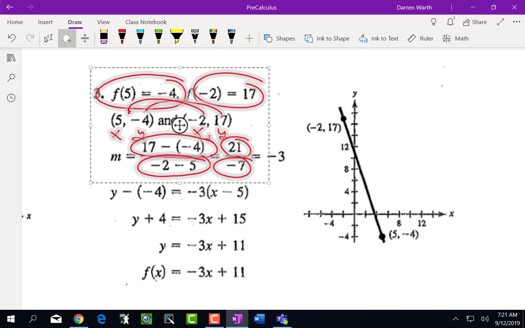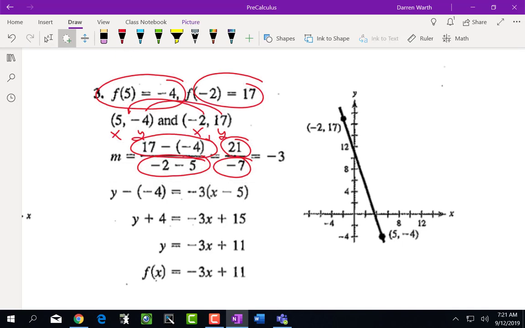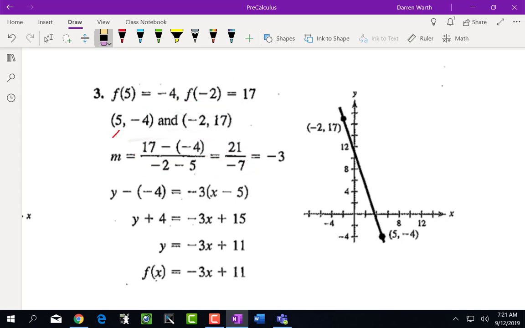So just remember that your slope formula is what they're using right here. This is y sub 2 minus y sub 1 over x sub 2 minus x sub 1. Now that you've done that, you can use your point slope form, which is y minus y sub 1 equals m times x minus x sub 1.